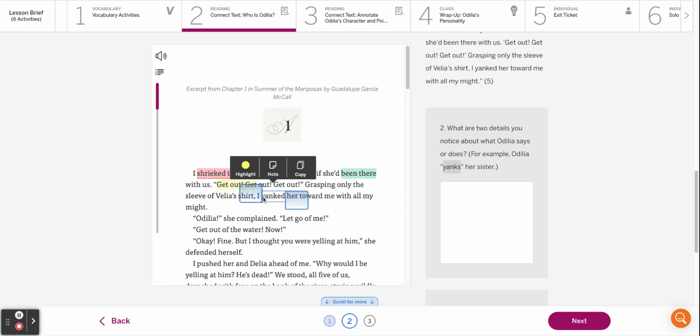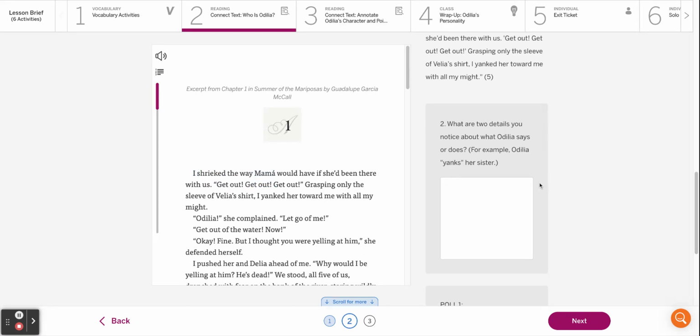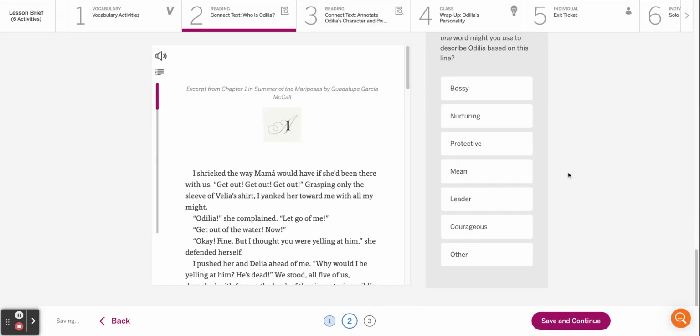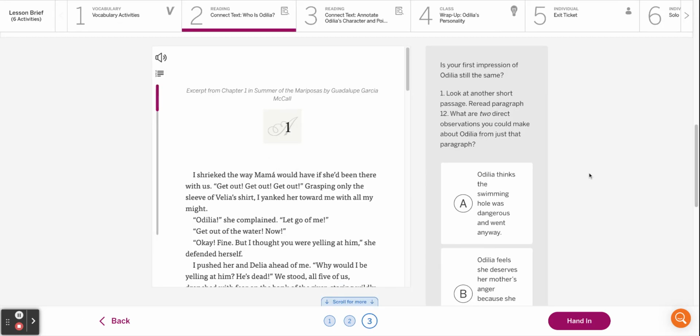If you highlight that as an action, you would highlight that in blue. So, list 1, 2, two different details you notice about her. Answer the poll real quick, and then we're going to keep exploring Odilia's character.